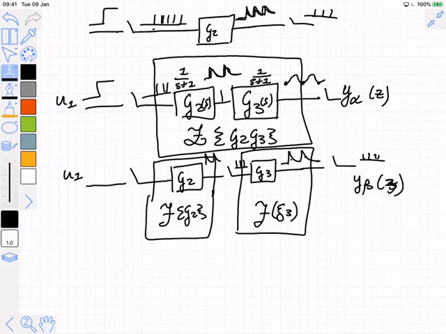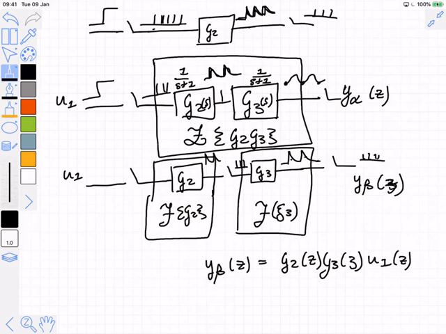So you can see that in the second case, Y beta of Z will be equal to G2 of Z times G3 of Z times U1 of Z, and in this case Y alpha of Z will be equal to what I will call G2G3 of Z times U1, and we can see that those expressions are clearly different.